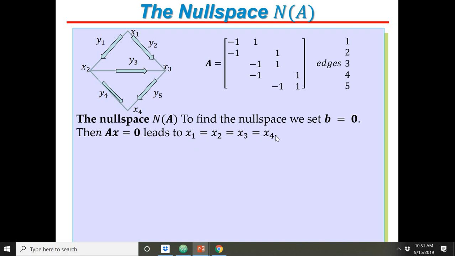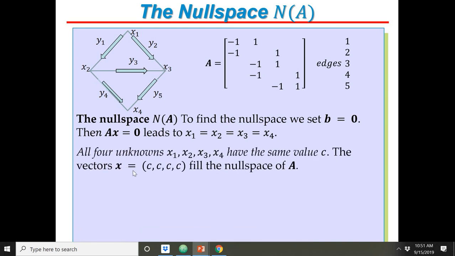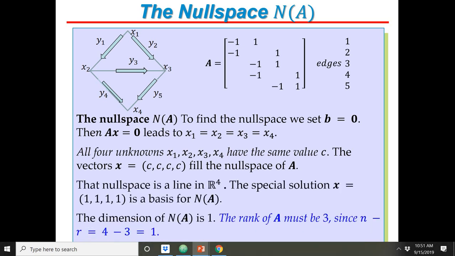Basically, the null space consists of all vectors that are parallel to the vector 1, 1, 1, 1. So the null space is a line, has dimensionality 1, and this is as much as, based on what we know up to now, we can say about the null space of this matrix. So this is the basis element of the null space.